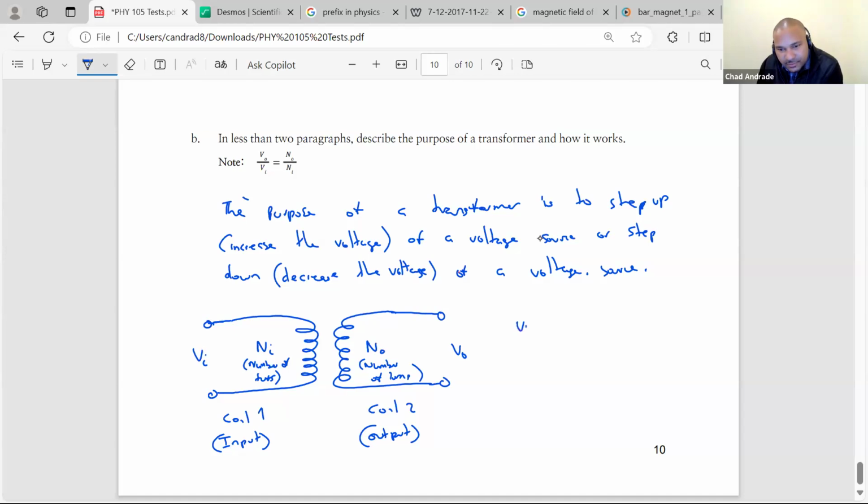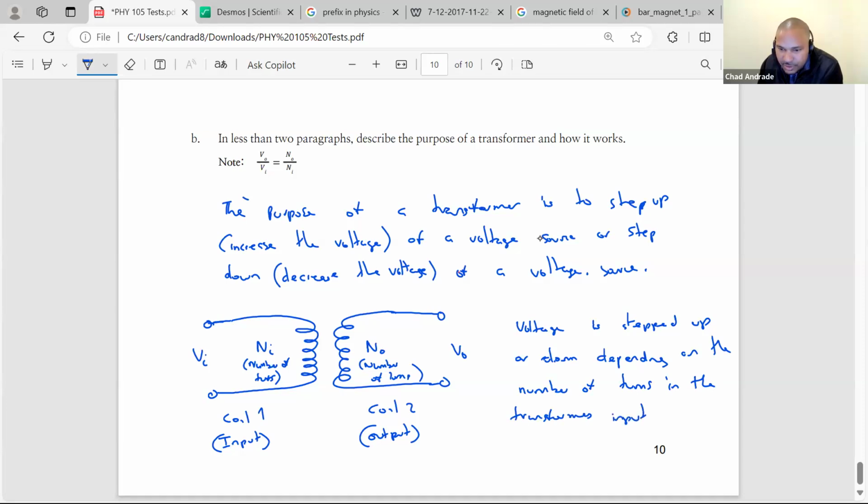So you'd say something like this: voltage is stepped up or down, depending on the number of turns in the transformer's input and output coils, right?